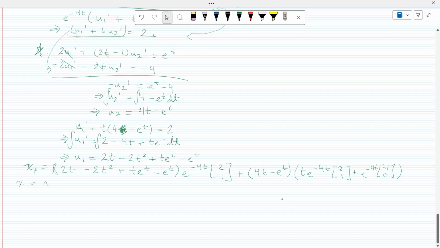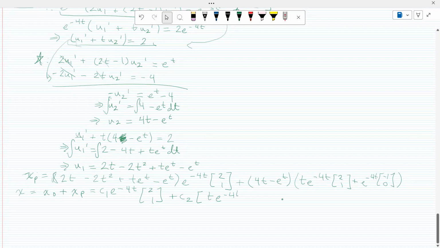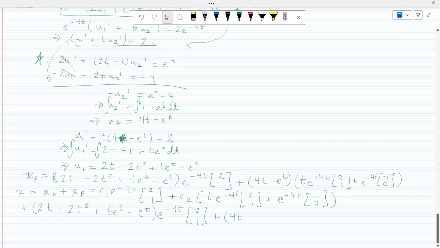And our final solution will be x naught plus xp, which will be this really long final expression: c2 t e to the negative 4t (2, 1) plus e to the negative 4t (-1, 0), plus that expression I just wrote above, with the u1 and u2 terms.